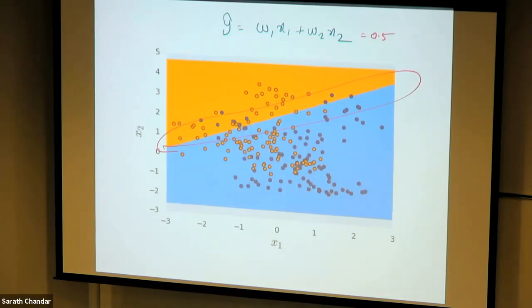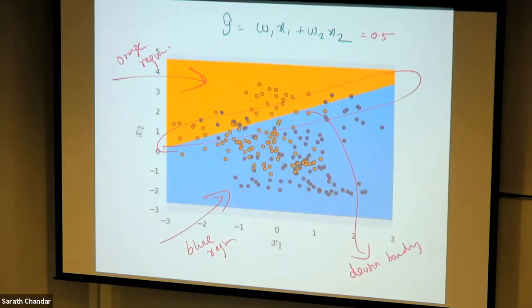Anything above this line is classified as the orange class. Anything below this line is classified as the blue class. So this is the blue region, and this is the orange region. This is the decision boundary, which is basically W transpose X is equal to 0.5.